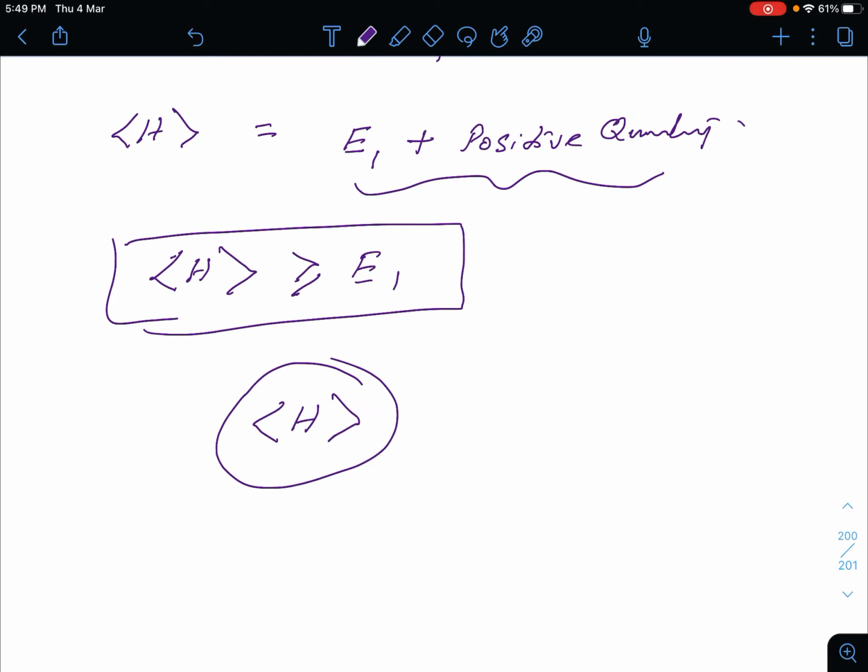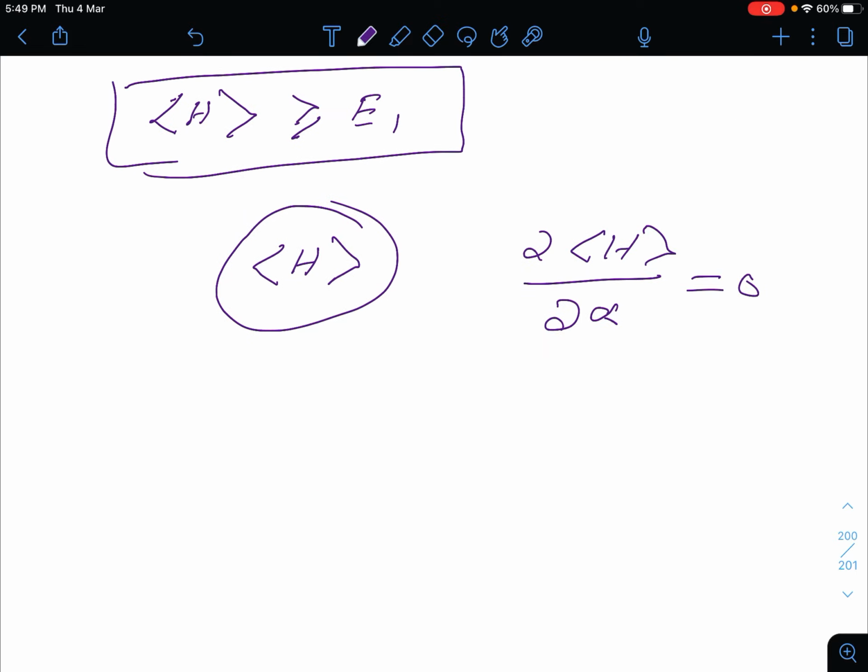Once you have evaluated this expectation value of H, then we minimize it with respect to whatever parameters, suppose alpha, are there in the wave function, by setting the derivative to 0. You find the value of those parameters, put them back into the equation, and you get a better wave function or a better Hamiltonian expectation value. So this is what we will be doing.